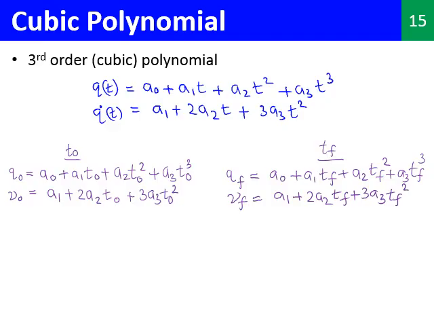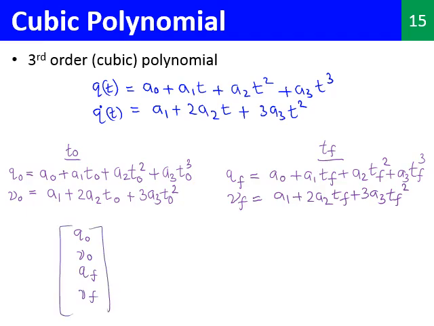Now we can put this into matrix form. Our constraints vector is q naught, v naught, qf and vf.